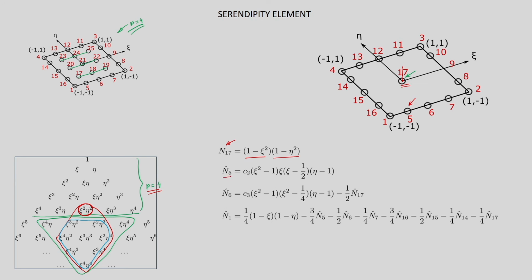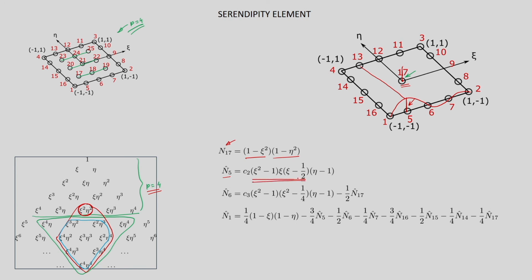So let me give an example of how to construct N5. N5 has been constructed the way we constructed it for p equal to 2 and p equal to 3. We said that it varies with degree 4 in this case. It is 1 at node 5 and varies with degree 4 along xi, and it varies linearly in eta. So that is how this has been constructed.